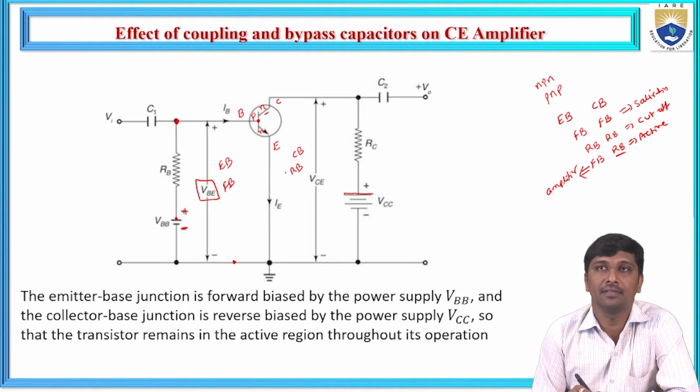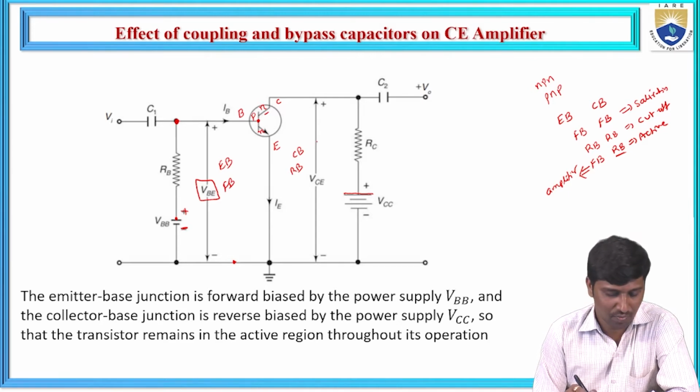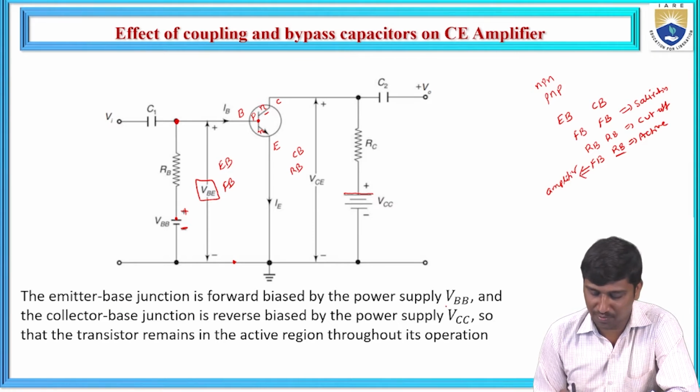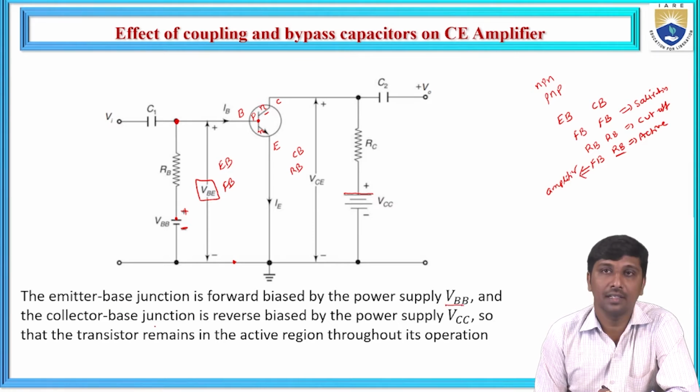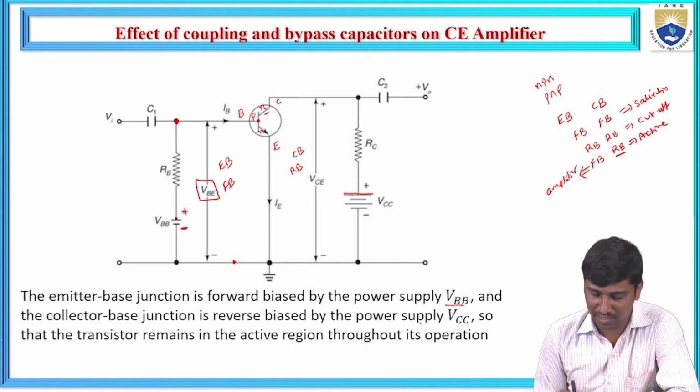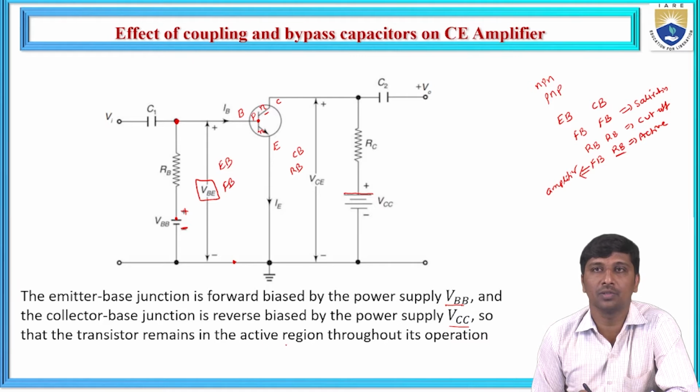Under this biasing configuration, it acts as an amplifier. That is the reason for this point: the emitter base junction is forward biased by the power supply VBB, and the collector base junction is reverse biased by the power supply VCC, so that the transistor remains in the active region throughout its operation.